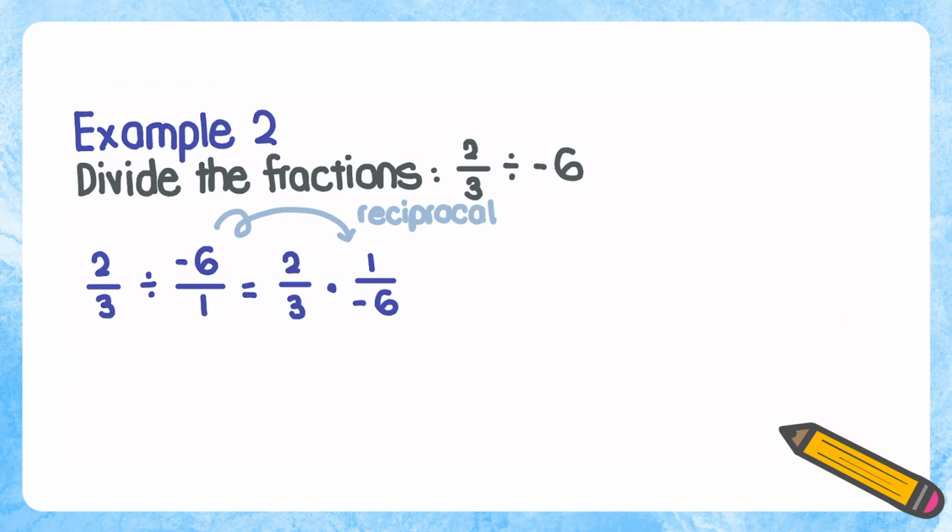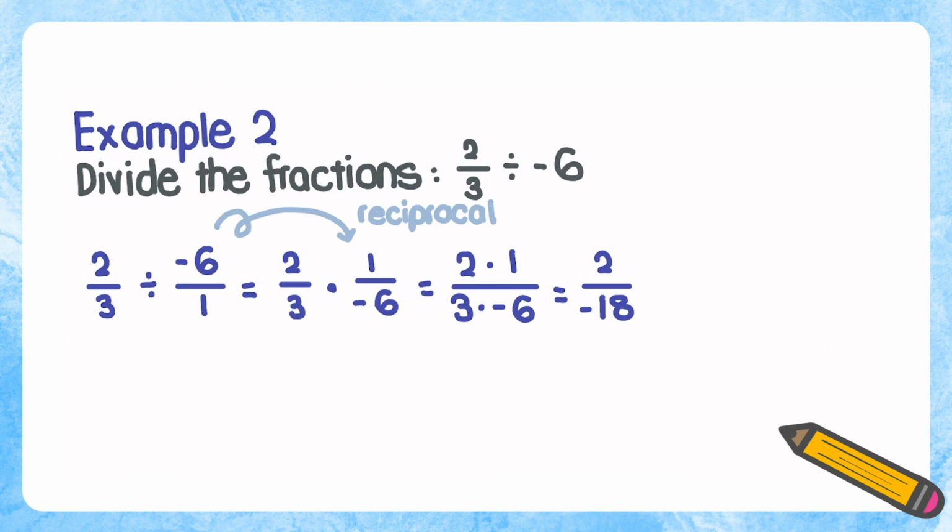So let's multiply the numerators together. 2 times 1, and also the denominators together. 3 times negative 6. 2 times 1 equals 2, and 3 times negative 6 equals negative 18.